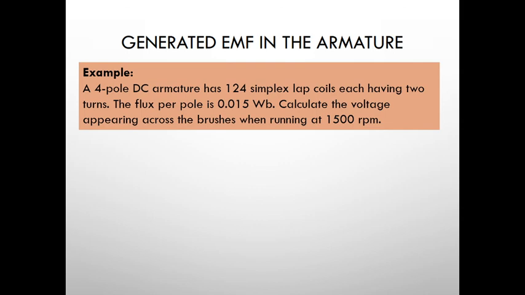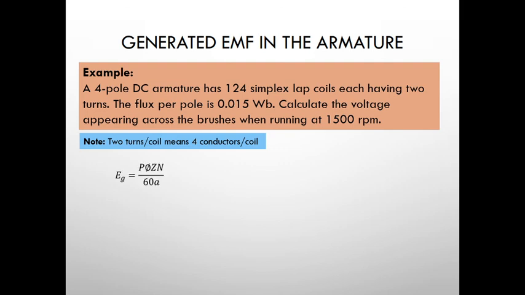Okay. Then flux per pole is 0.015 Weber. Speed na to is 1,500. So remember, 2 turns per coil, therefore 1 coil is equal to 2 conductors or 2 elements. So, 4 conductors per coil.